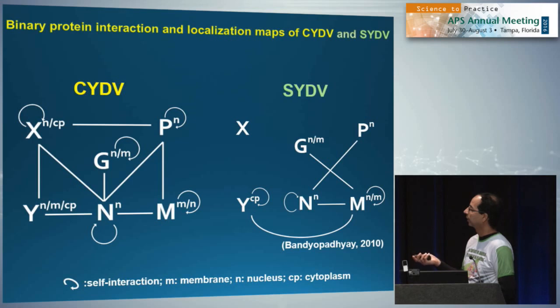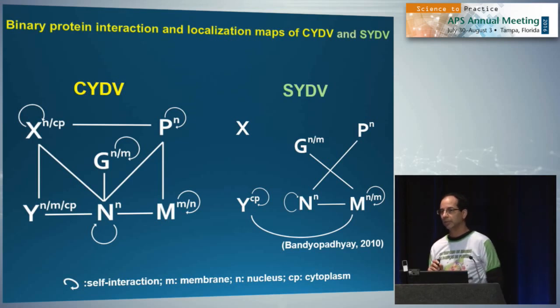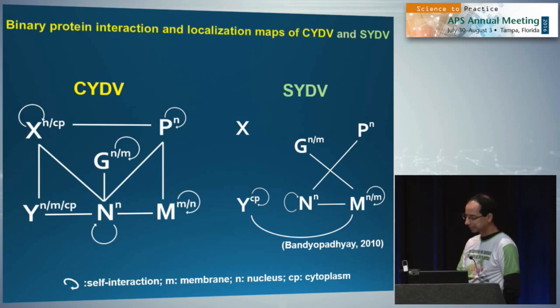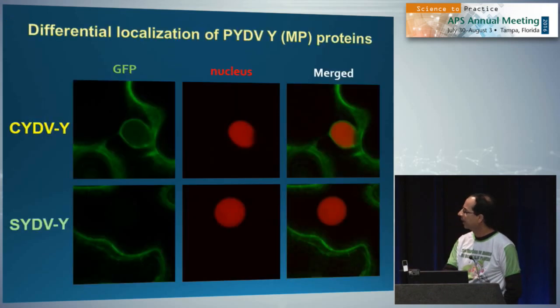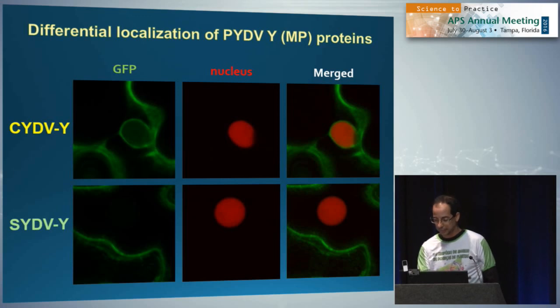But for CYDV, many more interactions are present, despite the fact that these proteins are so closely related. And that is also borne out in the localization. So I'll just show you a couple examples. If you do localization of the putative movement protein, the Y protein of CYDV, it clearly targets the nuclear envelope, here the nucleus in red. So it clearly targets the nuclear envelope where the SYDV Y protein does not.